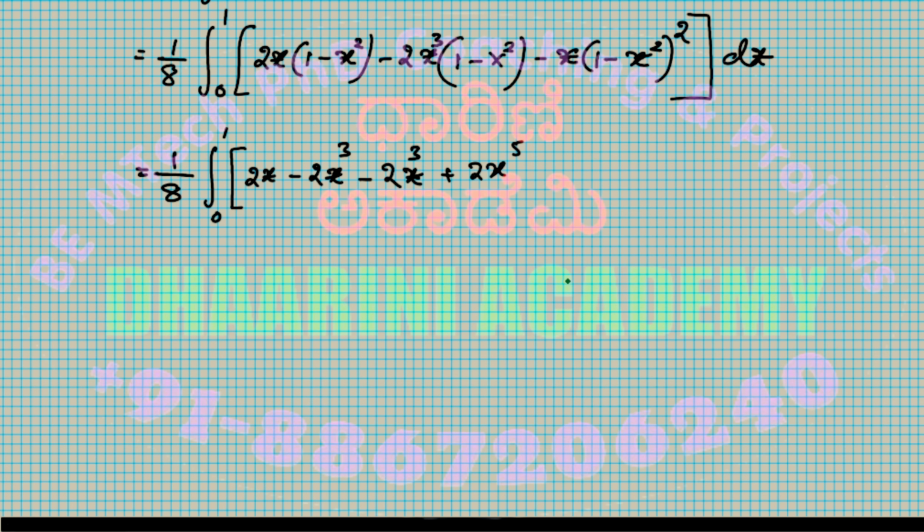Okay, let me do this calculation separately, and then directly let me write the answer. There is 1 minus x square, whole square. So this is 1 plus x square whole square, so this is 1 plus x to the 4 minus 2 times the x square, right? Into x is there, so I have to add another x here.